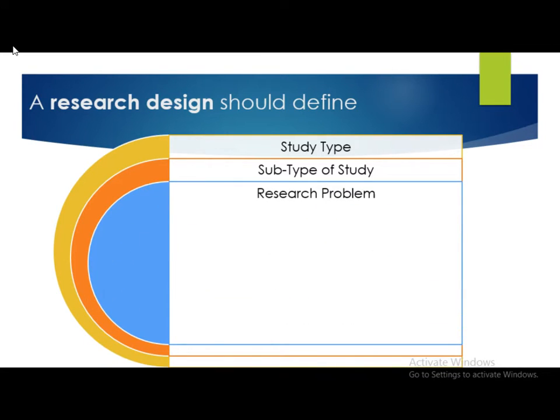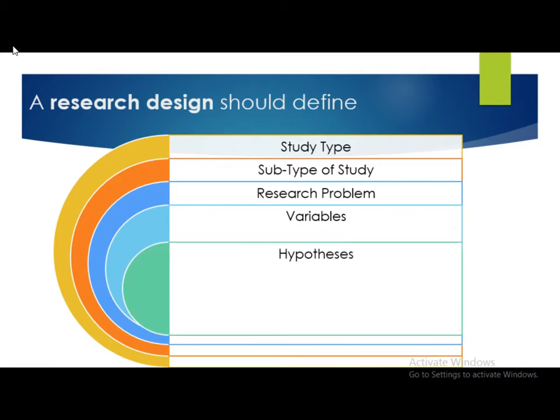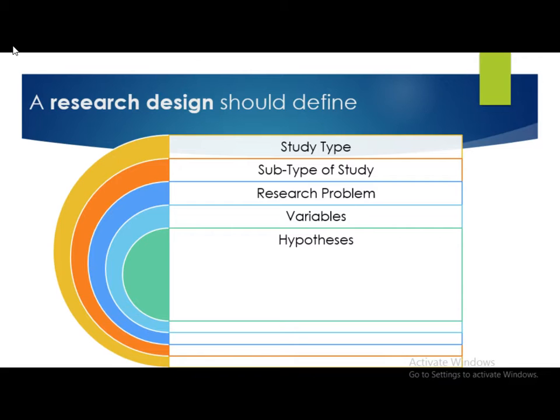Then a well-defined research problem should be there. Various variables including dependent and independent variables, also if there are concomitant, extraneous, etc. variables, then the variables of the study should be mentioned. Then various hypothesis statements.